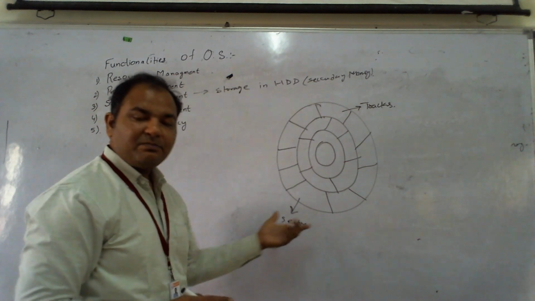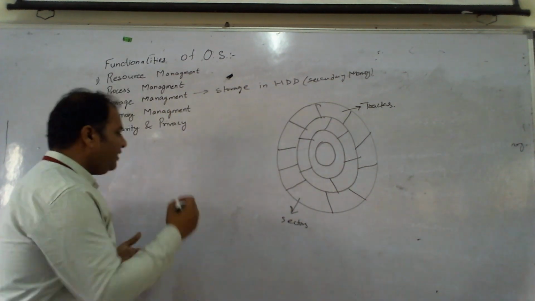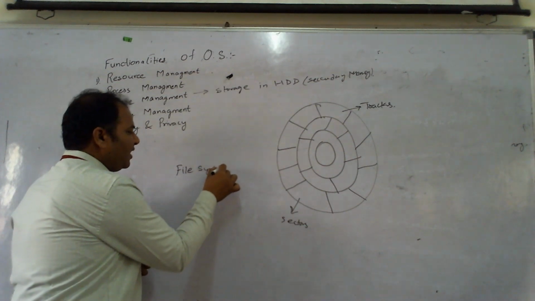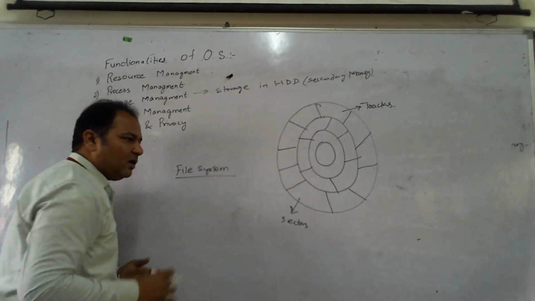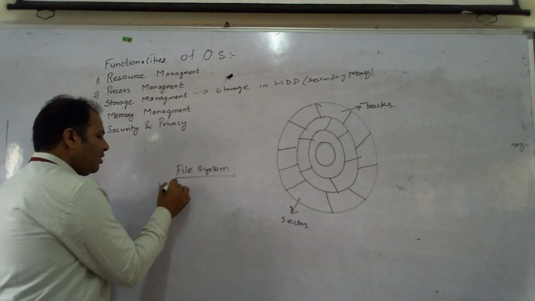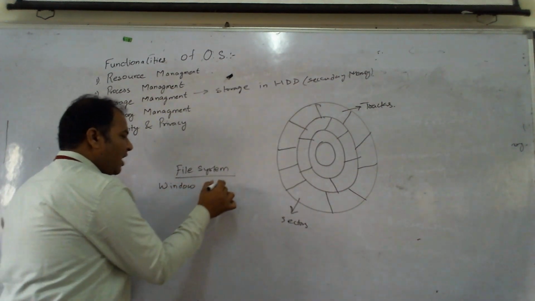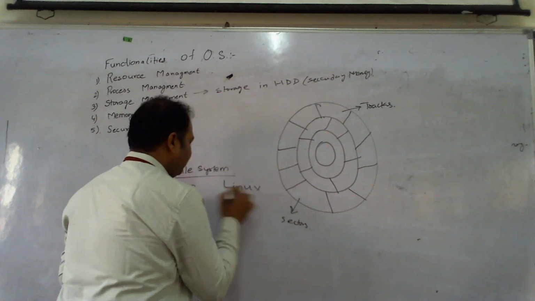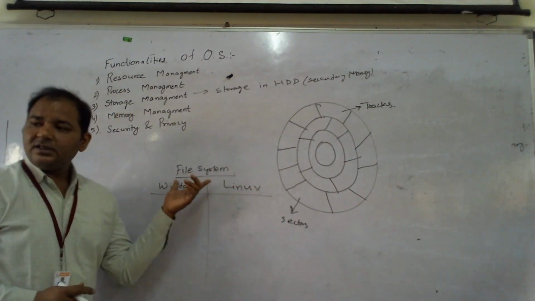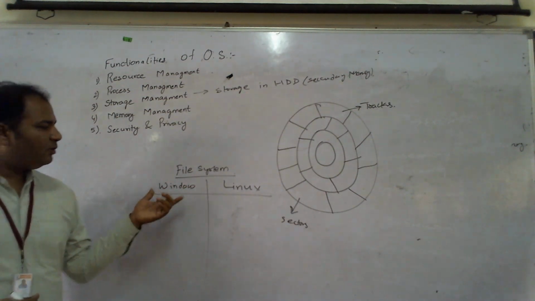And for managing all these files, there are many file systems which can manage the files of any operating system. It depends upon the operating system how the files are managed. So this is the file system of Windows and Linux.